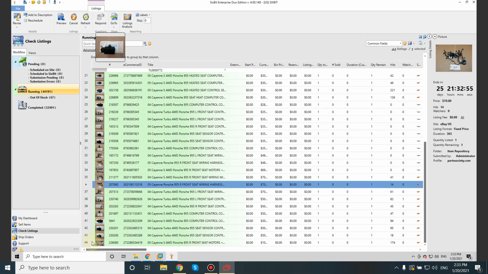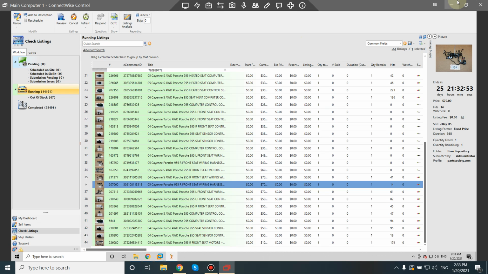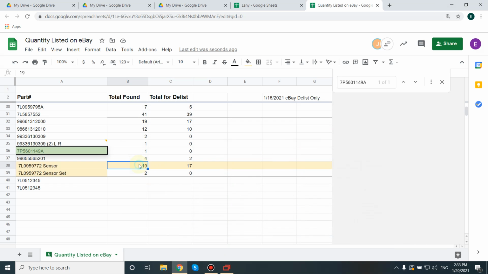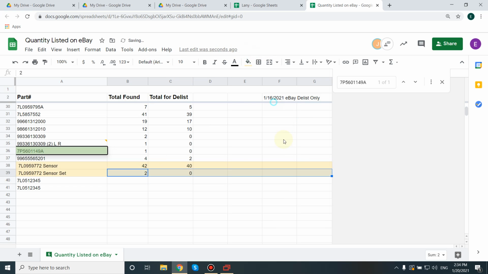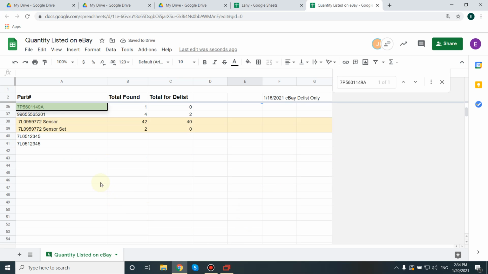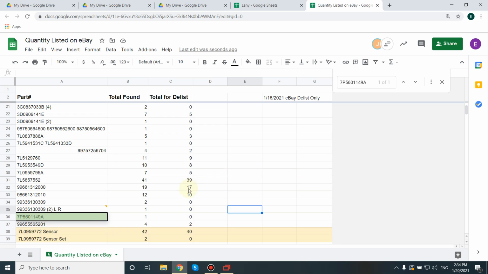And so I've got a total of 44, so that means that we've got 42 that are just that regular. And we're going to delist all but 2 of them, so that means we're going to delist 40. So then you can go through and delist those. So that's an example of that definition.